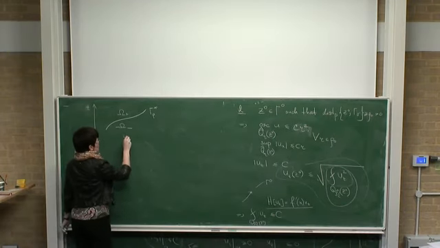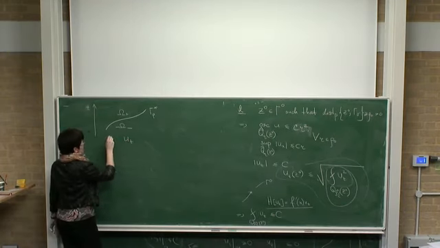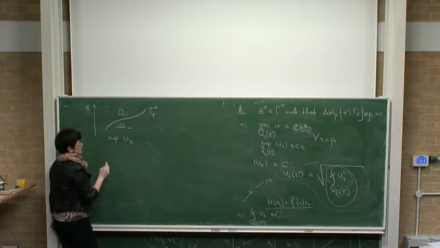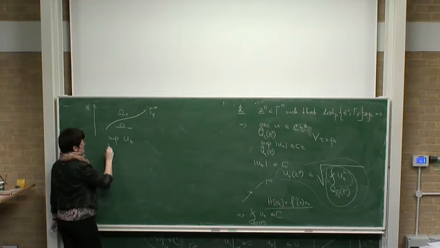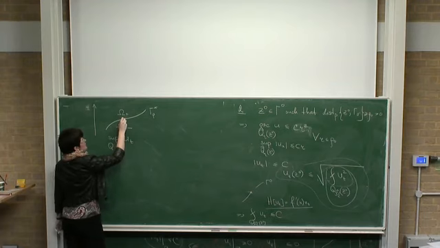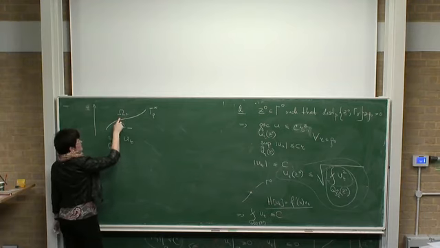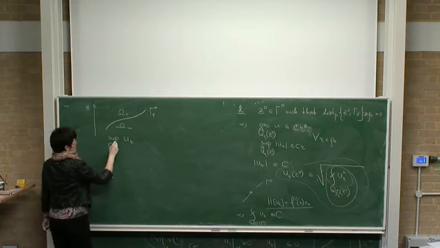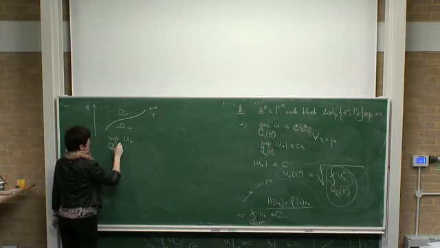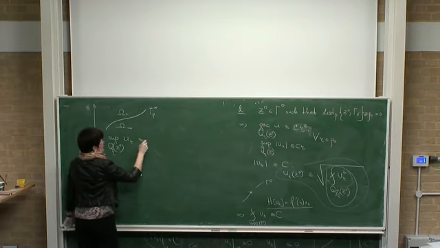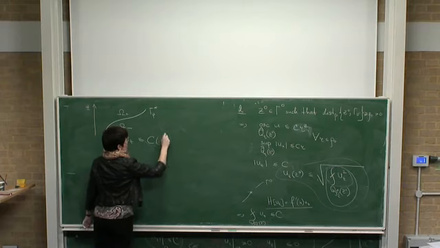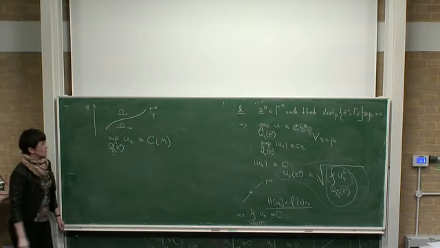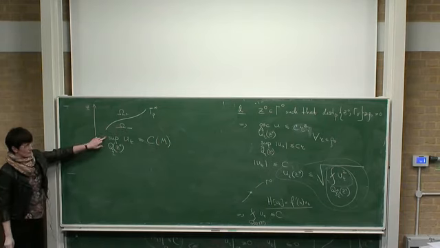I would like to show that the supremum of the time derivative, where I take some point in the neighborhood of gamma star, can be bounded from one side with such a constant.